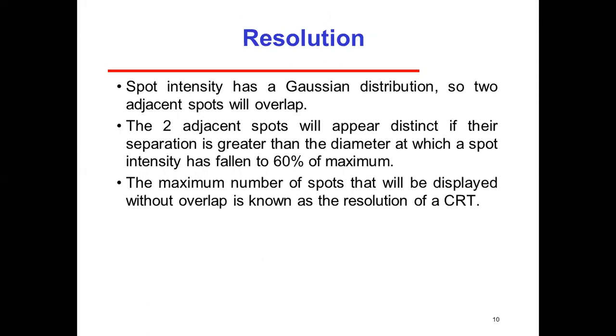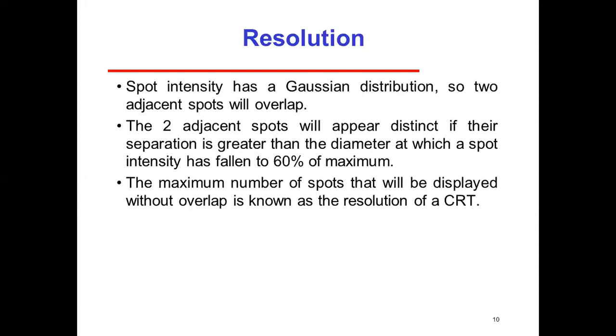So what is the resolution? Resolution we can define as the sharpness and clarity of an image. So how will we get a clear image? It depends on the sharpness. If the image is clear and sharp, then we can say the resolution is good. And we already know that there are 90,000 dots per square inch. Number of dots means number of pixels on the entire screen.